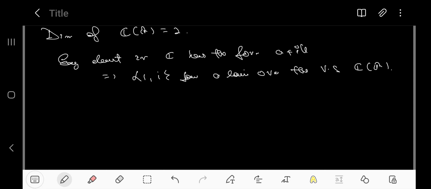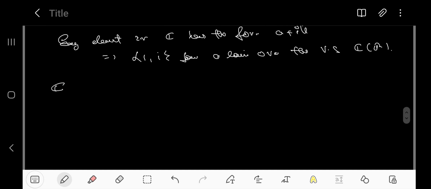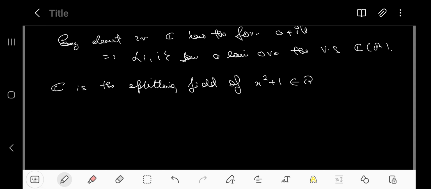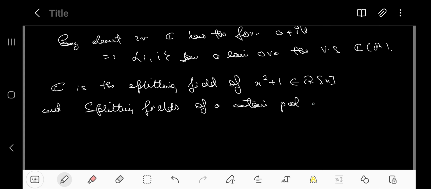Now this is pretty clear from the fact that C, since it is an algebraic completion of R based on the polynomial x squared plus 1, is basically the splitting field of the polynomial x squared plus 1 over R. Okay, C is the splitting field of x squared plus 1, which belongs to R[x], and splitting fields of a certain polynomial over a field K are unique up to isomorphism.